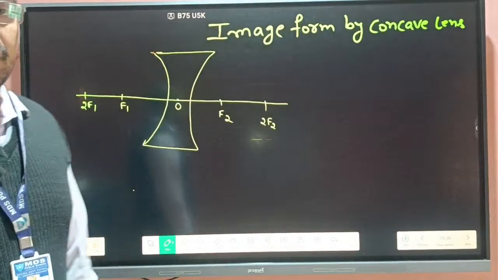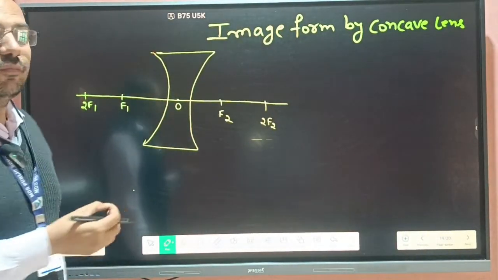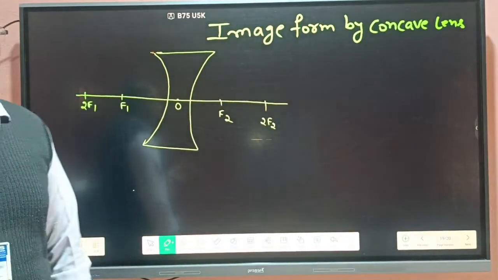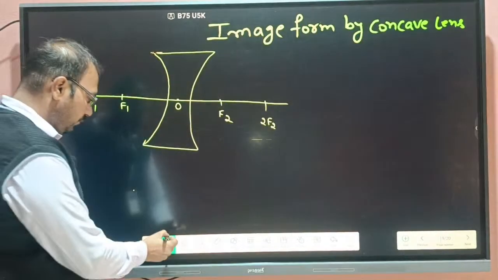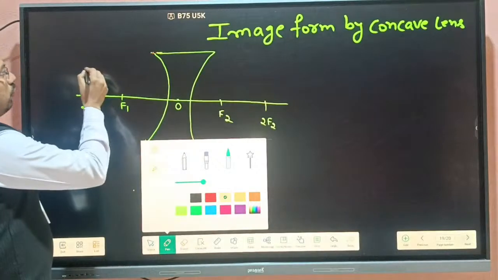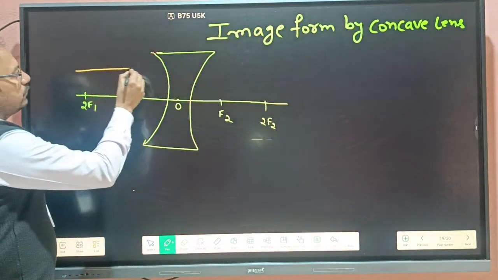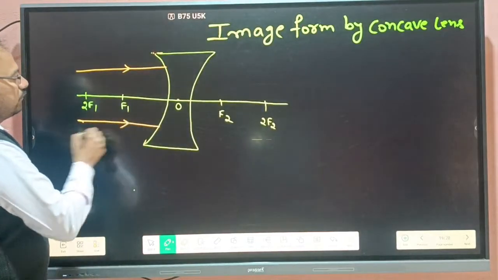Here we take two parallel rays coming from the object, and we consider the object to be at infinity. The first ray is like this, and the second ray is this.